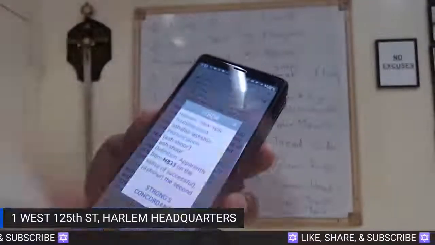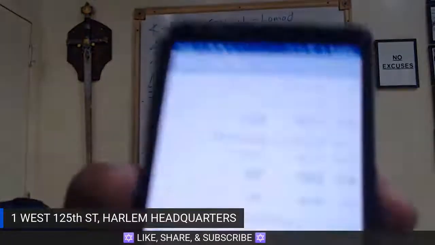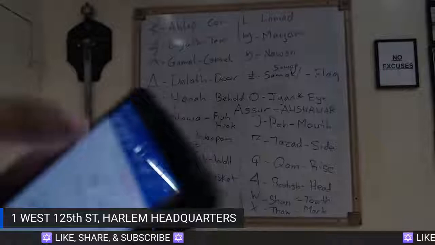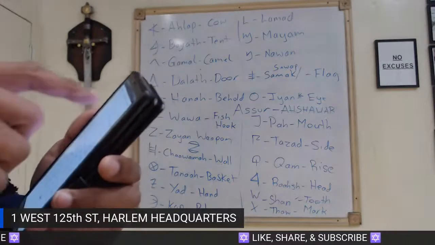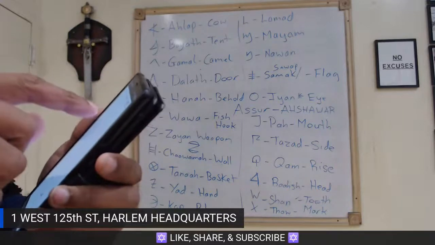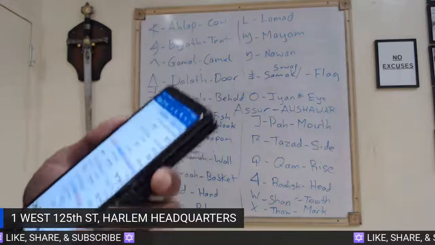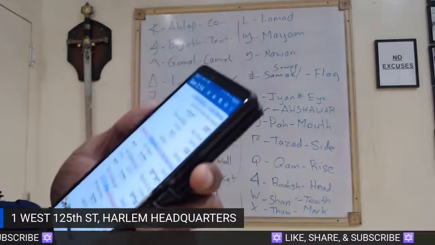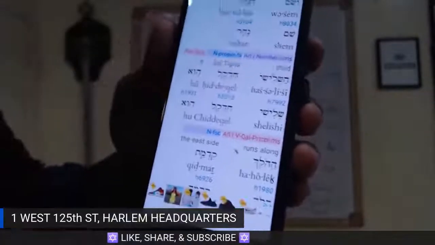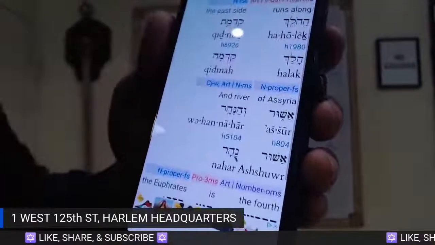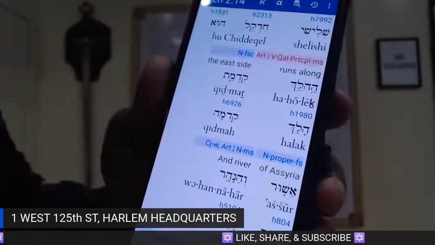So what I want to do is get the spelling right. So I go to our favorite interlinear app. I go to the verse that I just was on, which was Genesis 2:14, which is talking about the four rivers, which determines where the land of Israel is. The true land of Israel is the Garden of Eden. The Garden of Eden, by location, as defined in Genesis right here, is right in the middle of the Tigris, the Euphrates, the Pishon, and the Gihon, which are not in Africa.